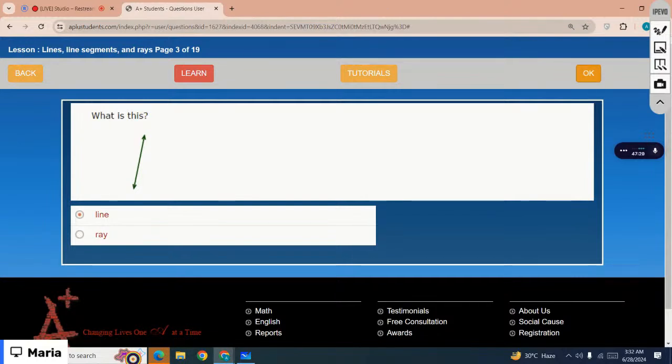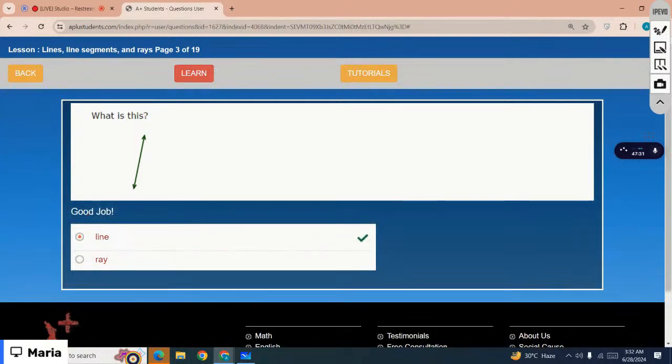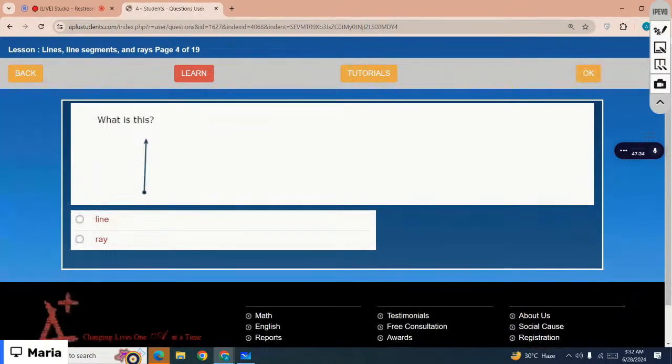The correct option is line. What is this, line or ray? The correct option is ray it is, right?